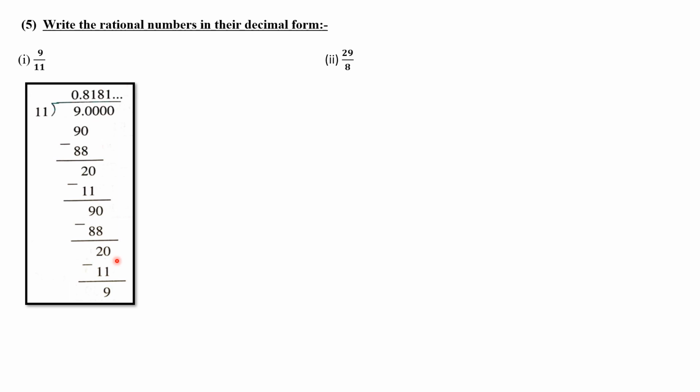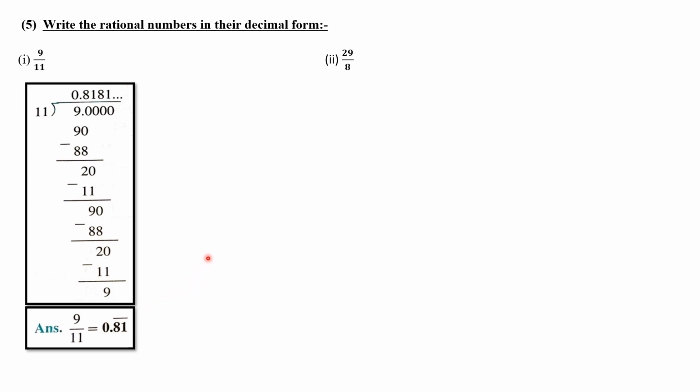Again put 0, it will become 20. You'll keep on repeating the procedure. Here repetition is taking place in the division. So you'll stop, and you can see 8181, so the digits are repeating. So you'll write down the final answer, that is 9 upon 11 is equal to 0.81, and the two digits after the decimal, two digits are recurring. So we'll put a bar above the number.